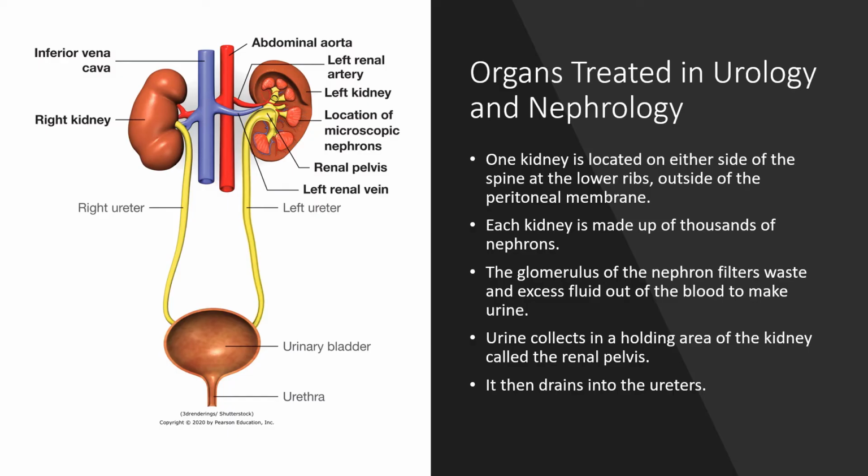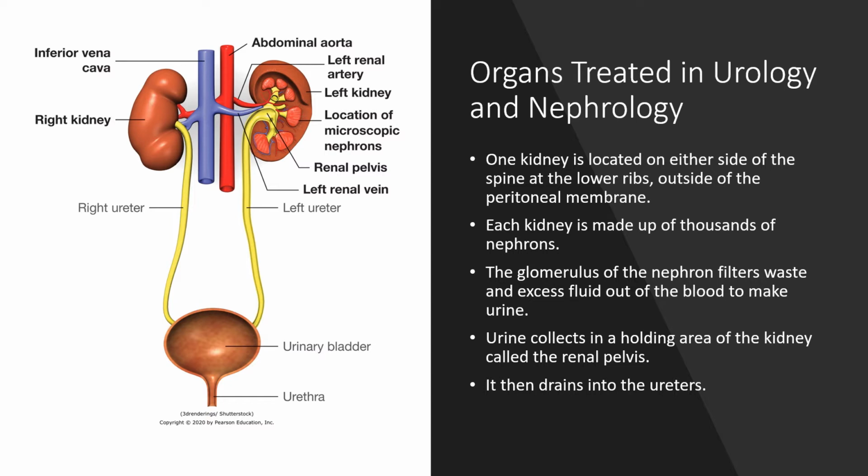So let's discuss the organs treated in urology and nephrology. One kidney is located on either side of the spine at the lower ribs, outside of the peritoneal membrane. Each kidney is made up of thousands of nephrons. The glomerulus of the nephrons filters waste and excess fluid out of the blood to make urine, and urine collects in a holding area of the kidney called the renal pelvis.